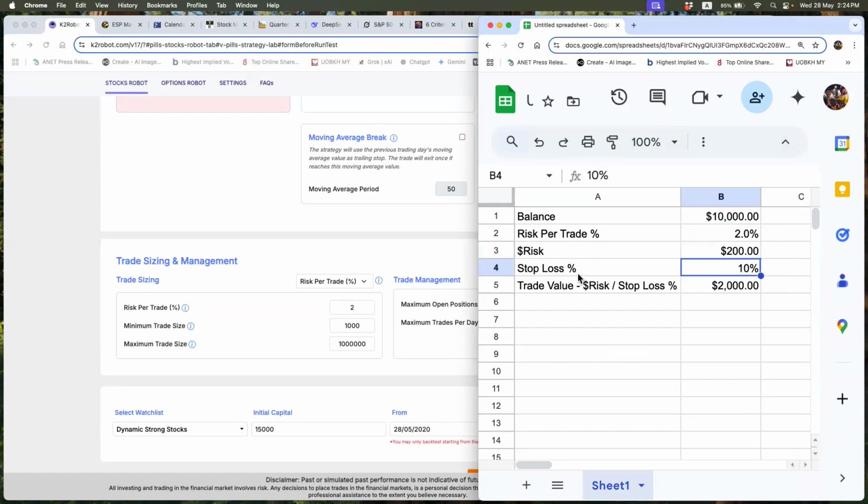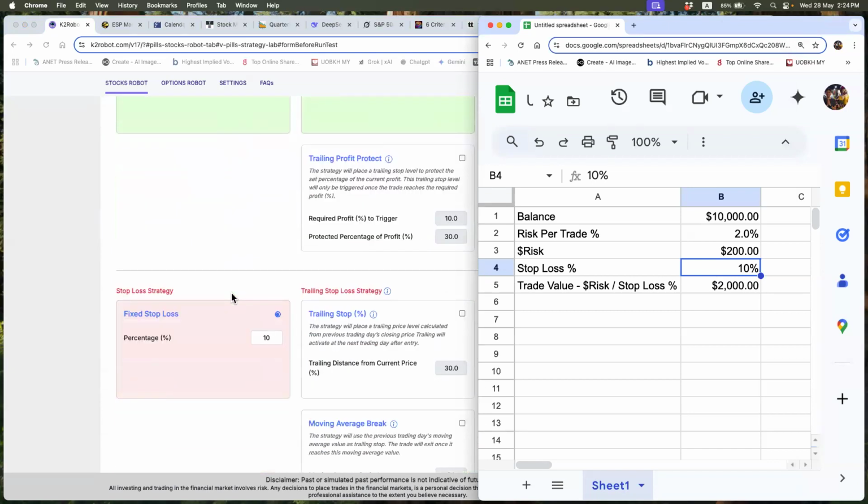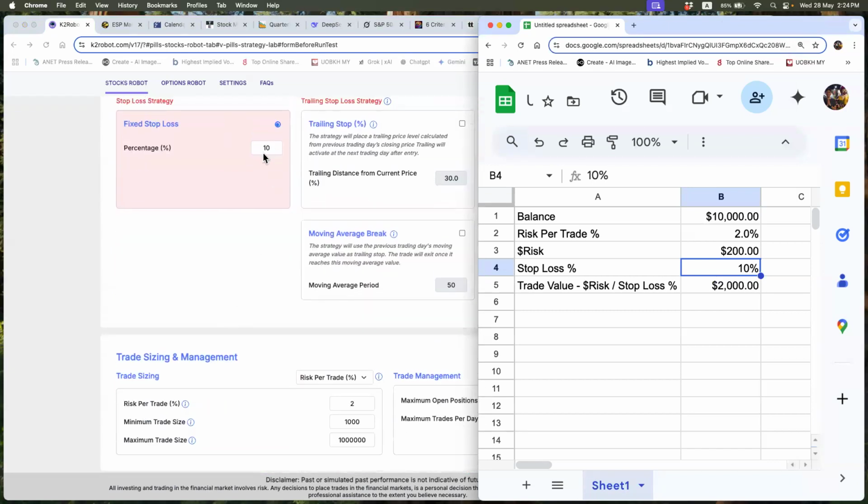And based on the strategy, for example the breakout strategy that I did a video on recently, we are using a 10% hard fixed stop. That means after you buy, if the stock retraces by 10%, you cut the stock. That means you cut loss.